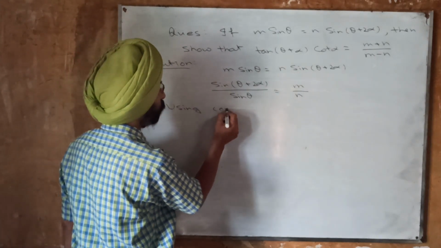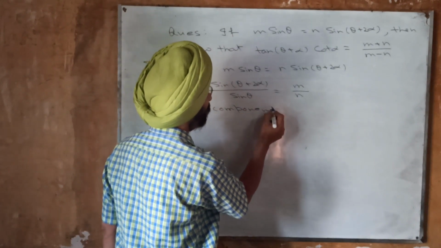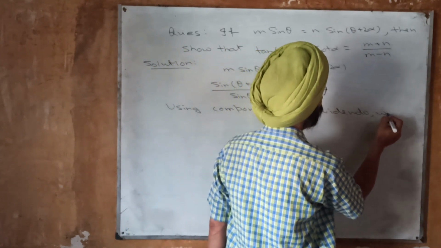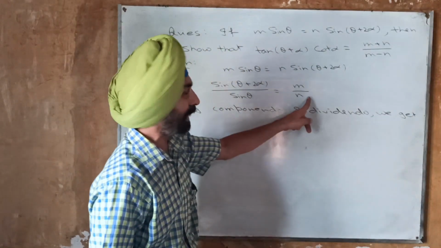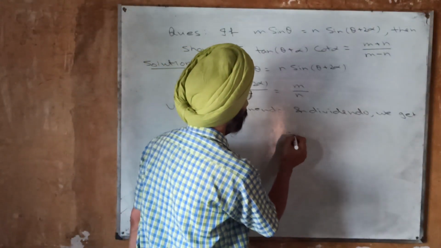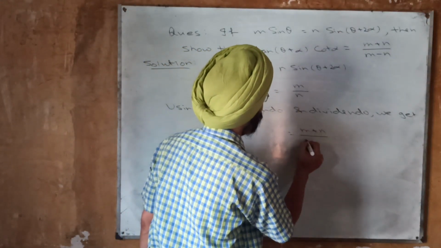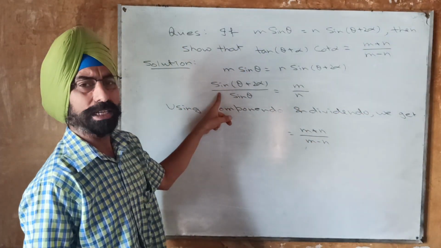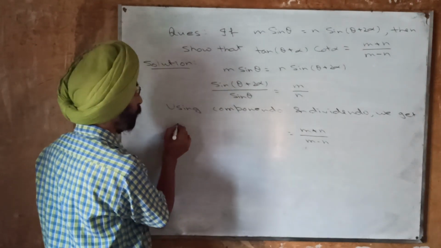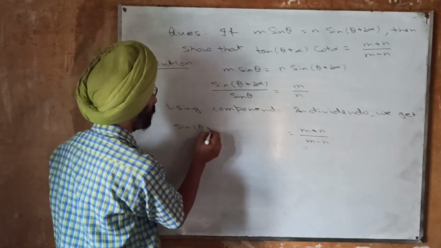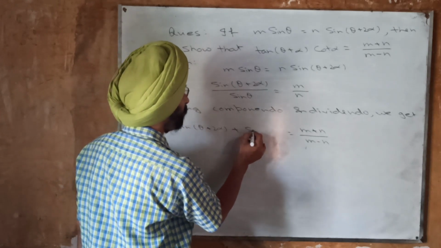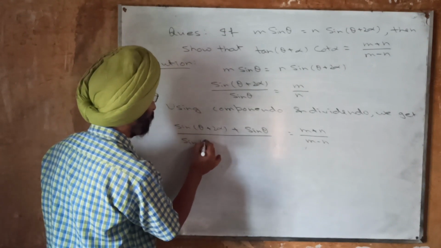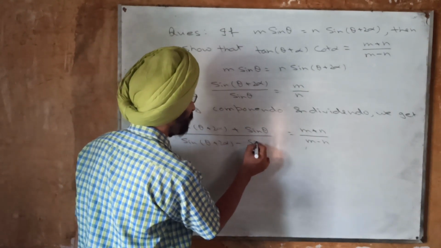Using componendo and dividendo, we get, first I am going to write the right hand side, m plus n over m minus n, what I require here, and accordingly I will operate on the left hand side: the numerator will be sin(theta plus 2 alpha) plus sin theta, divided by sin(theta plus 2 alpha) minus sin theta.